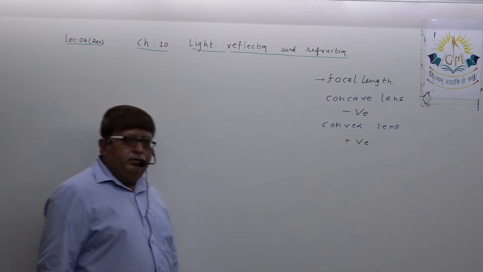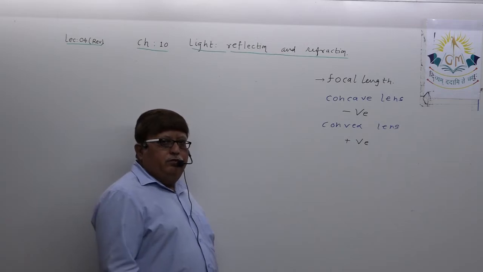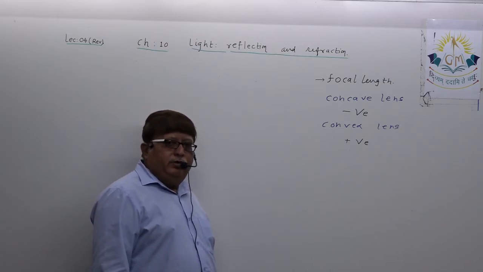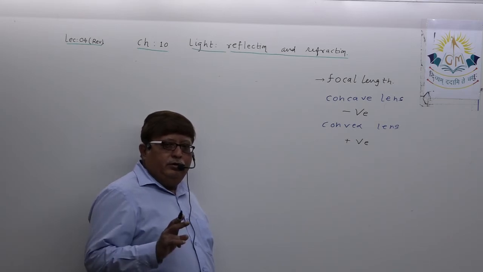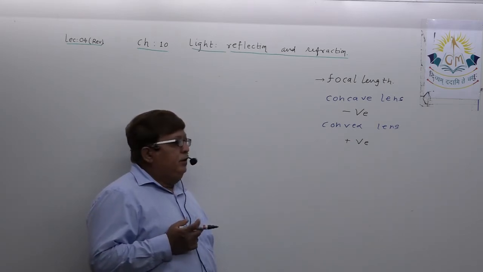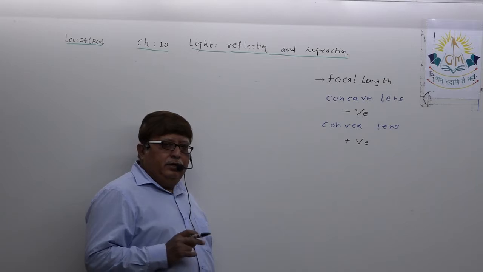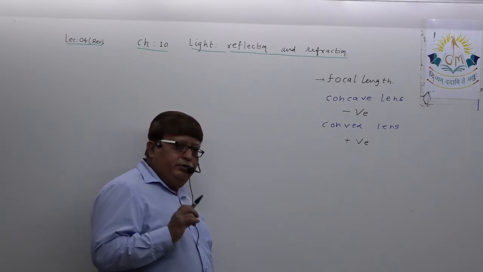As you know, we also followed this when we started solving the numericals regarding mirrors. Here, concave lens focal length has to be negative, and convex lens focal length has to be positive.